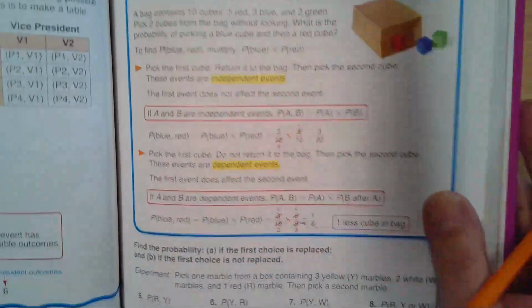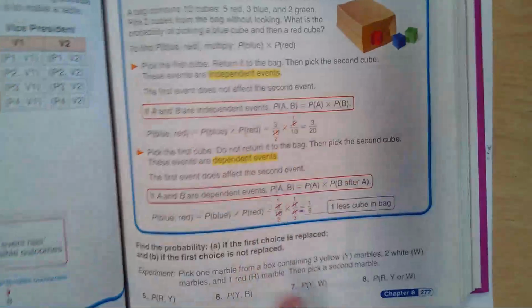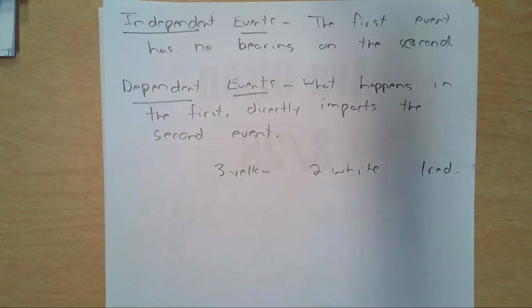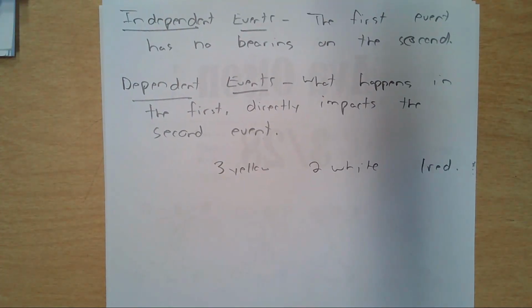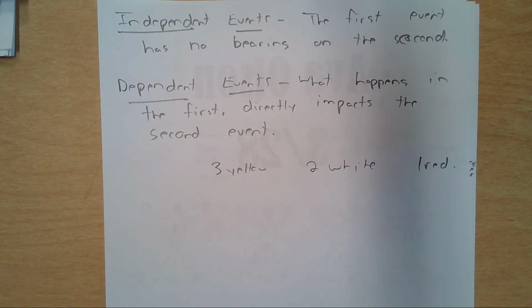A, if the choice is replaced, and B, if the choice is not replaced. So one more time, we're going to be building a tree diagram here. It won't take that long, there's really not that much, I promise you. What I want you to do is build a tree diagram. Assume I'm going to pick a marble, put it back in the bag, and then pick another marble.